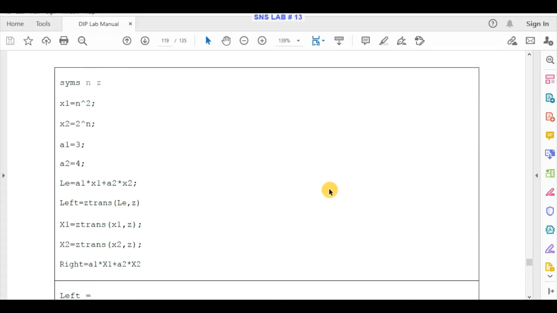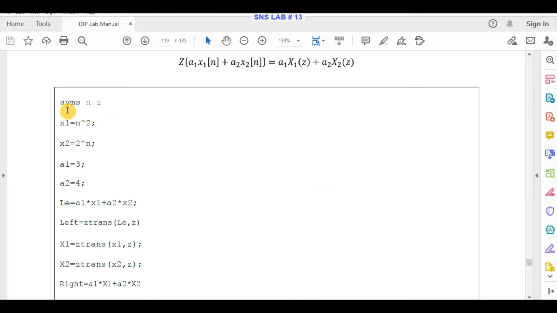As we know, first of all, we need to define two symbolic variables n and z to compute the Z transform. The first signal we are assuming here is n square. So in MATLAB we will write it like n power 2. And the second signal x2 is 2 power n. The two scalar quantities will be a1, which is equal to 3, and a2, which is equal to 4.